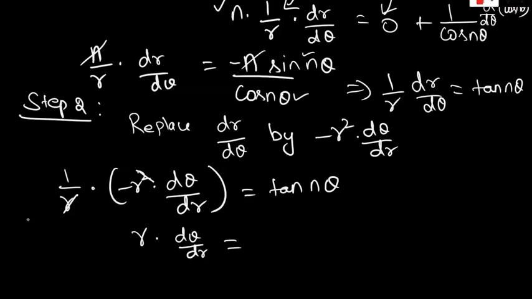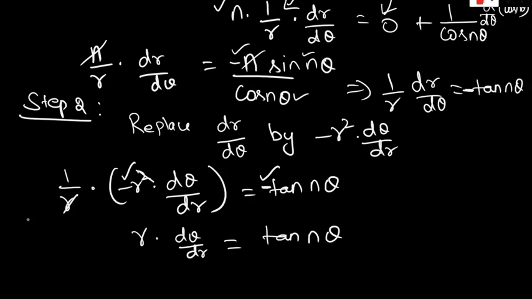This minus sign I missed to write. This minus sign is here, this minus sign is here. This minus and this minus will become plus, and we will get only plus tan n theta. This side minus and this side minus got cancelled.